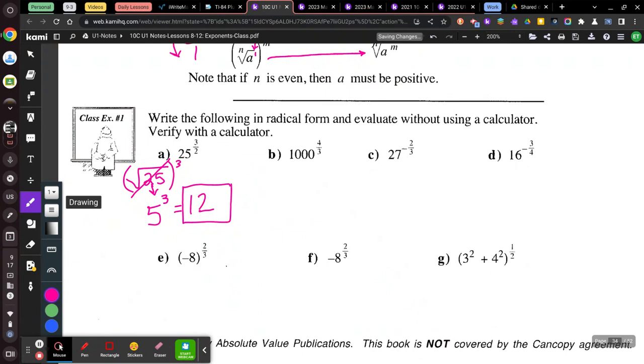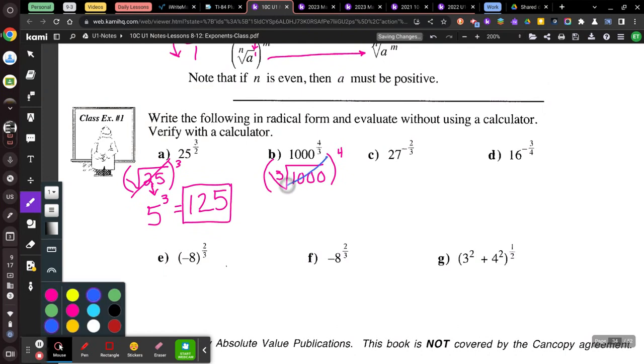Okay, let's try the next one. So the next one, we're going to see 3 zeros, and the bottom number is a 3. So we're cube rooting the number 1,000. And again, the 4 is on the outside of a bracket. So that means solve your perfect cube. It becomes a 10.